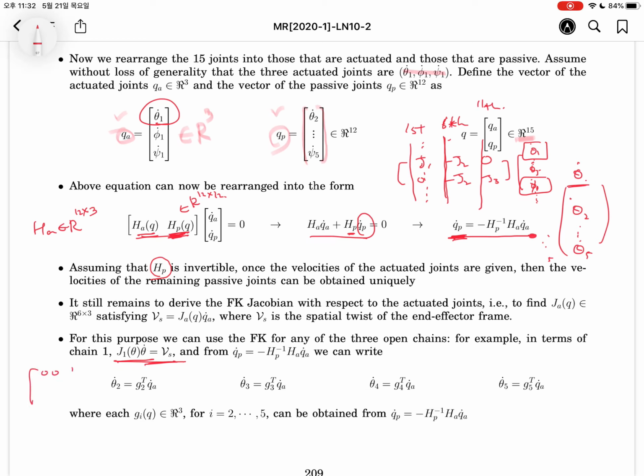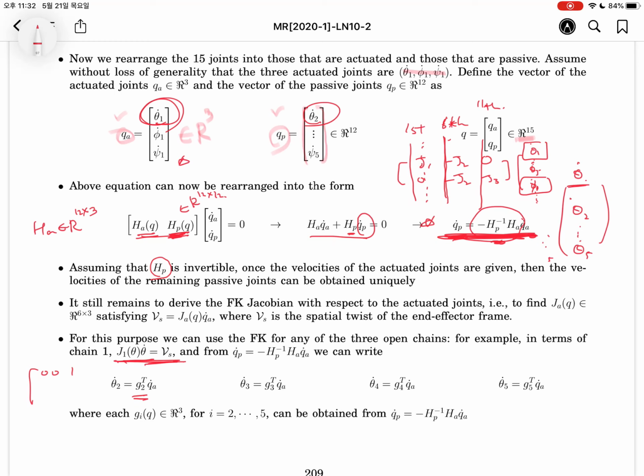So maybe the 0, 0, 1 vector will be chosen to obtain theta 1 dot. And then theta 2 dot should be obtained from this element. Is it right? So from this equation, the first row vector will be multiplied to the active joint. So the first row will be chosen to denote theta 2 dot from the active joint.